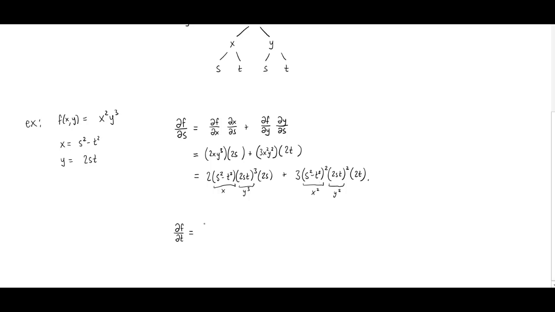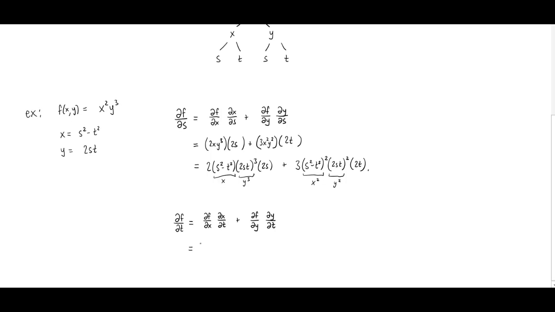So partial f with respect to t, using the chain rule, is partial f with respect to x times partial x with respect to t. And then we're going to do partial f with respect to y and partial of y with respect to t. Okay? So let's plug in all of our numbers. Partial f with respect to x, that was 2xy cubed, right?